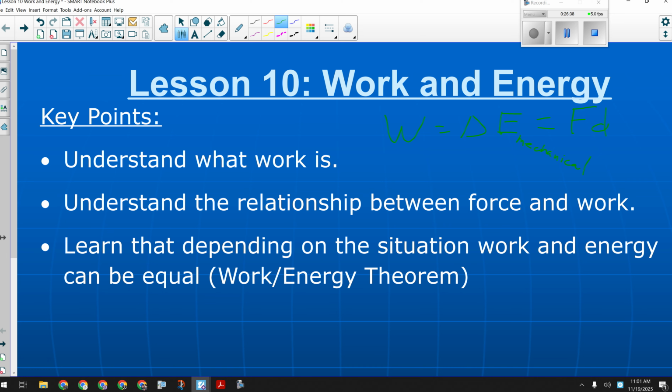Am I doing any work on the cart? See some more puzzled looks up there for that one. If I don't change its speed and the floor is level, have I changed the energy of the cart at all?